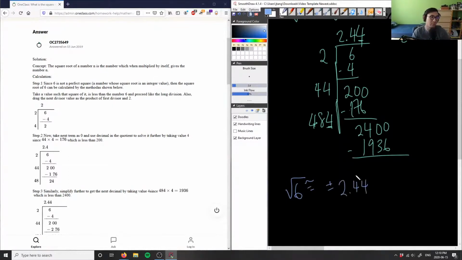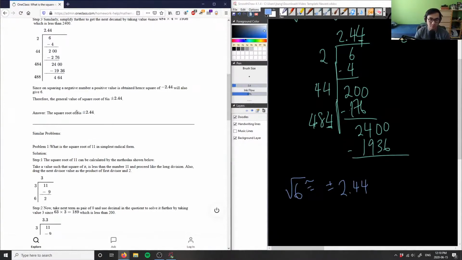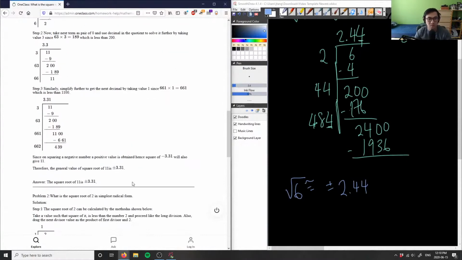Remember, every time we take a square root, we also have to consider plus or minus, because positive 2.44 times 2.44 is about 6, and negative 2.44 times negative 2.44 would equal 6 as well. So this solution is correct, because the square root of 6 is approximately plus or minus 2.44, like we said.